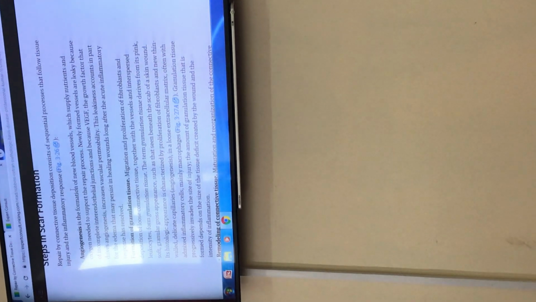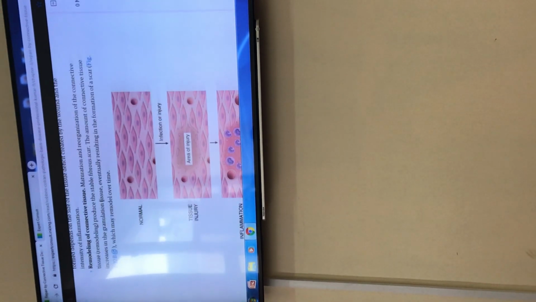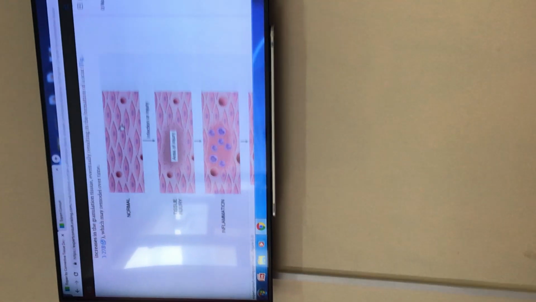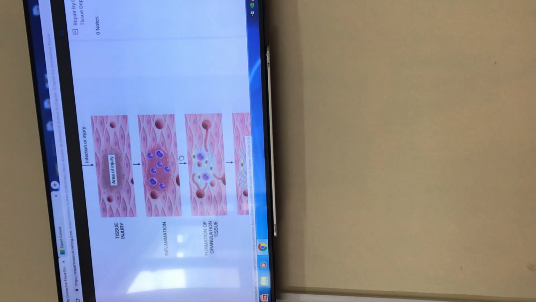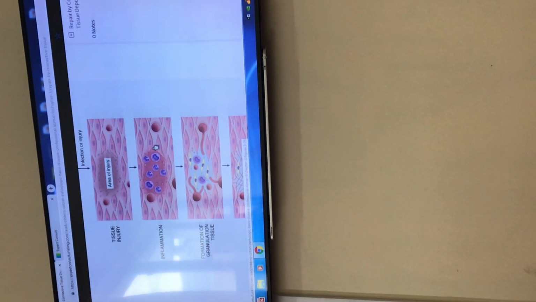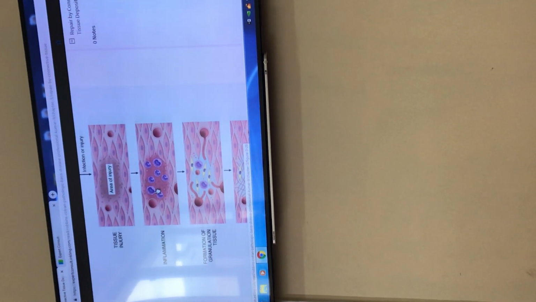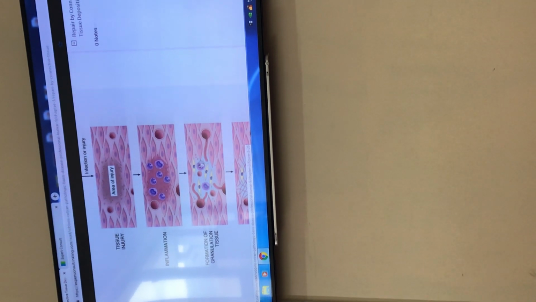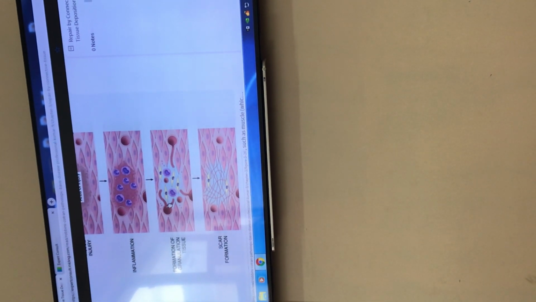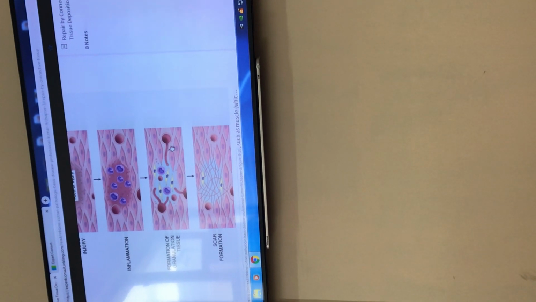So, angiogenesis and formation of granulation tissue. This is the normal tissue, then there is tissue injury, then acute inflammation, which then changes, and most of the cells change to chronic types, and you see here there is angiogenesis. New vessels are formed from the vessels that are present there.